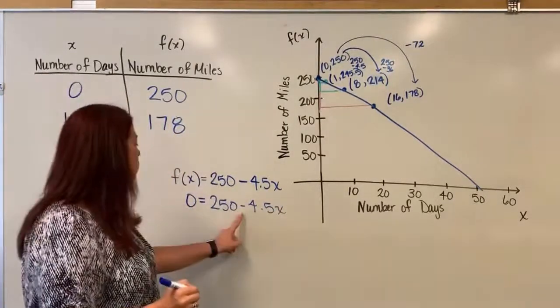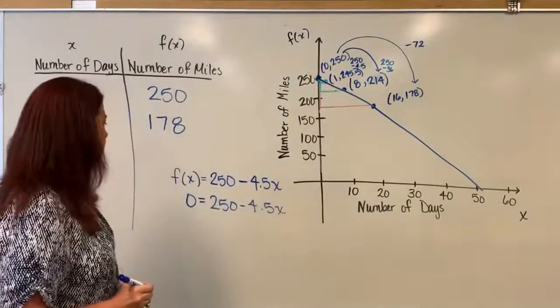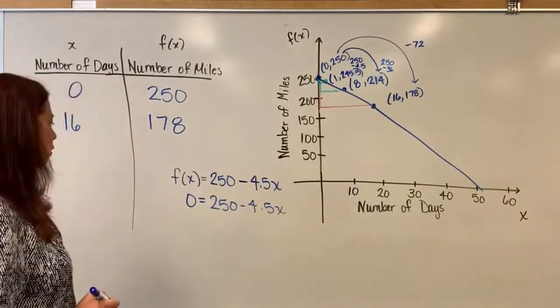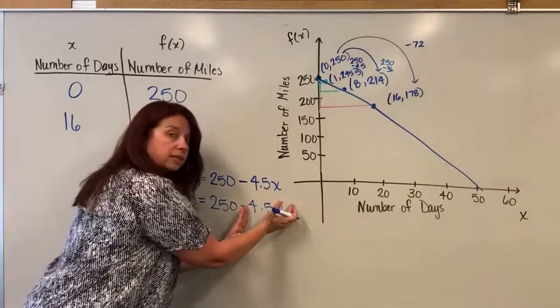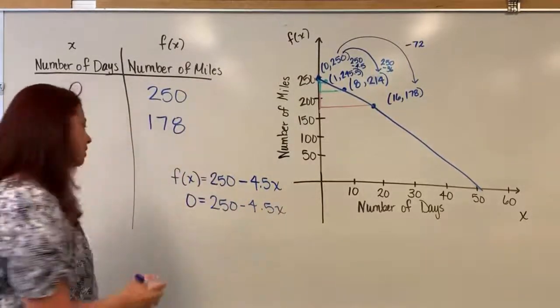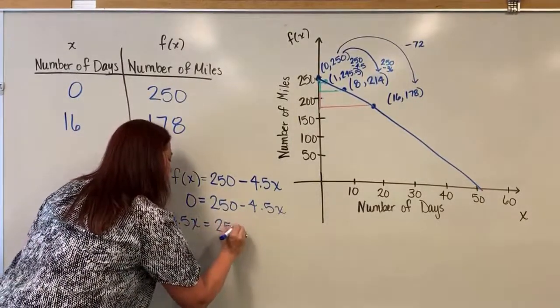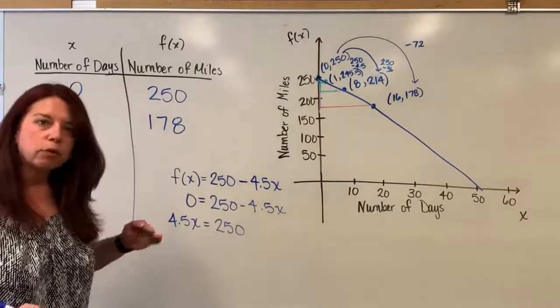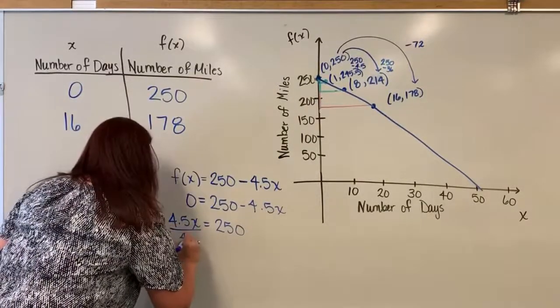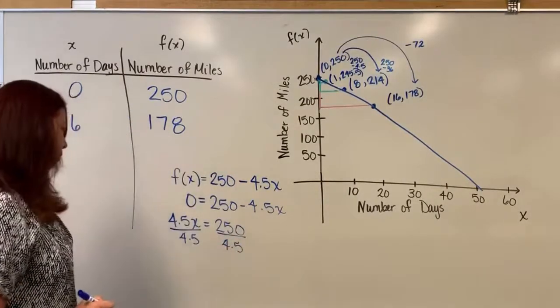By the way, I knew it was linear because this was draining by a constant amount every day that elapses. So when I continue solving this, because this 4.5x is being subtracted, let's move it over to the other side by adding it. So I have 4.5x equals 250. Divide by the 4.5 to continue solving for x, and I will divide both sides by that 4.5.